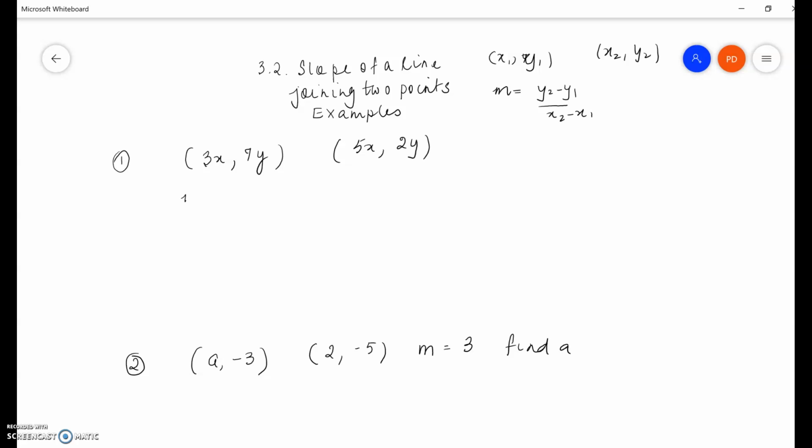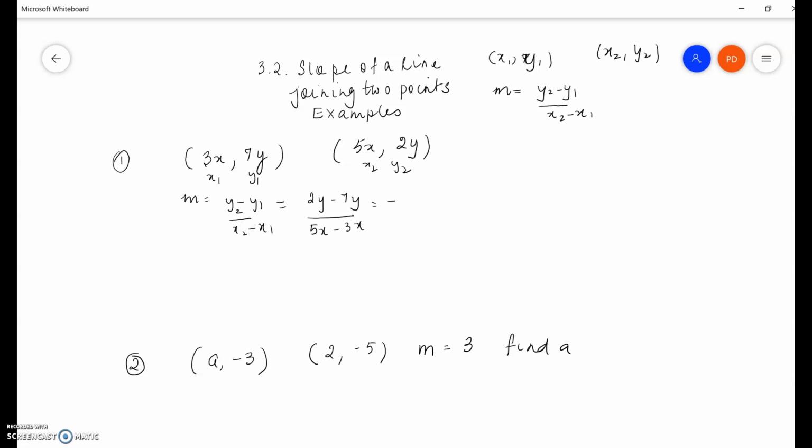So in this case, the first problem, let's label the points x1, y1, x2, y2. So it's y2 minus y1 divided by x2 minus x1. So that is 2y minus 7y divided by 5x minus 3x.